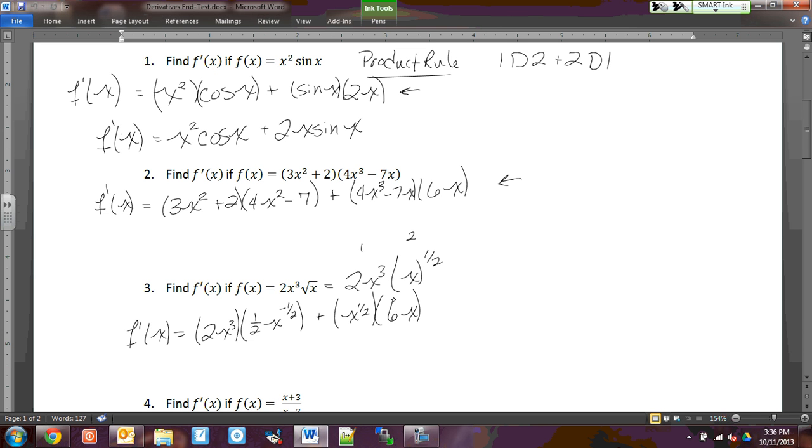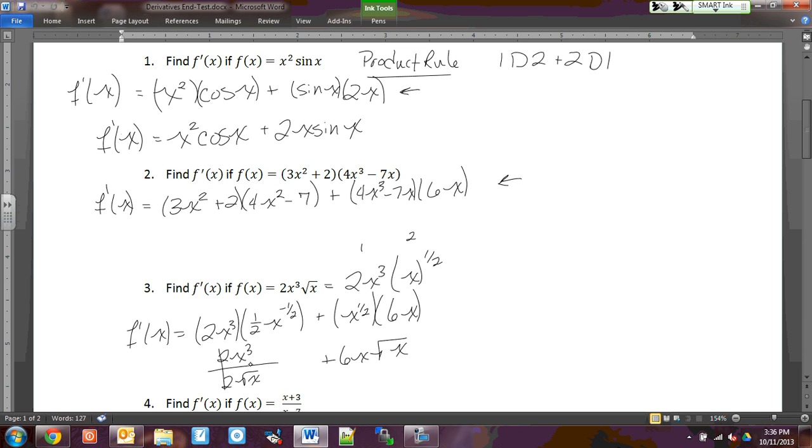All right, and again, you can just leave it like that if you want to, or you can try to combine some of these together. This won't combine, this will just be plus 6x times the square root of x. This will go to 2x cubed over 2 times the square root of x. So here the 2's would cancel out, but you don't have to do this.